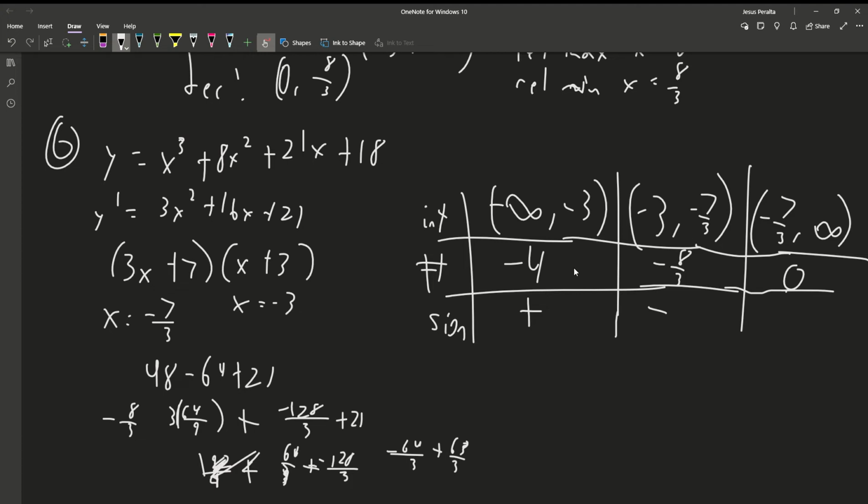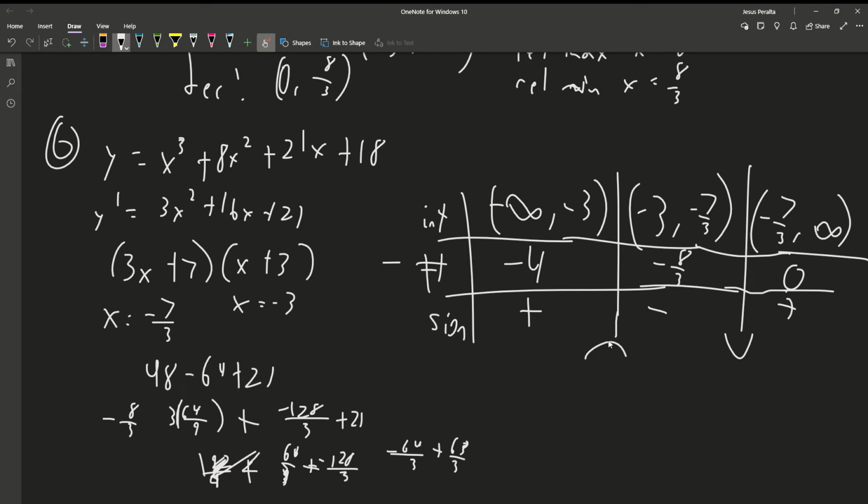So I was right in this scenario, luckily, and it's negative. Plug in 0 into the entire equation, we would get plus 21, so we would get plus. So then our chart is going to look like that.